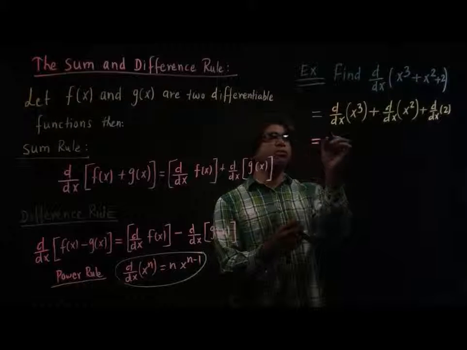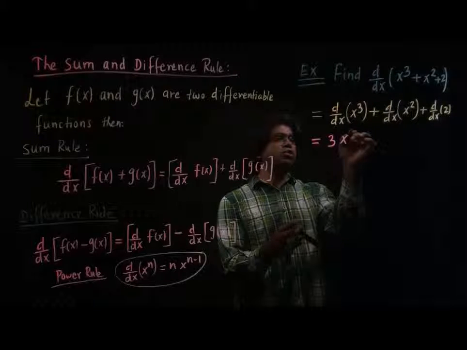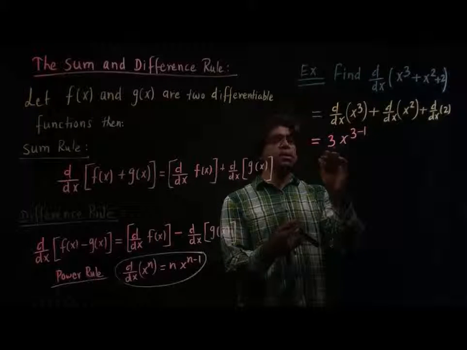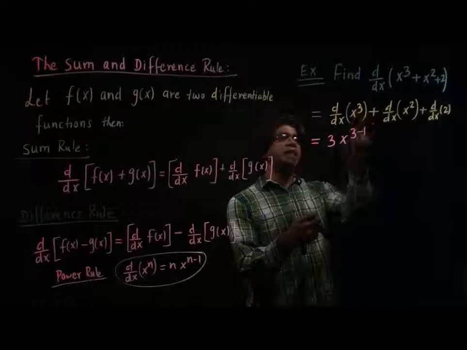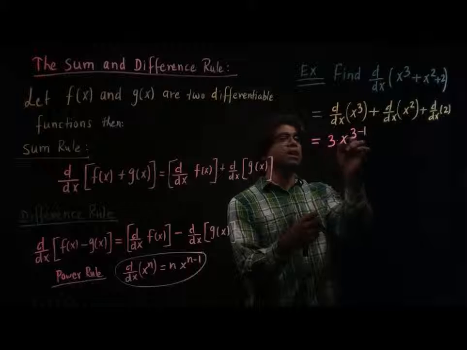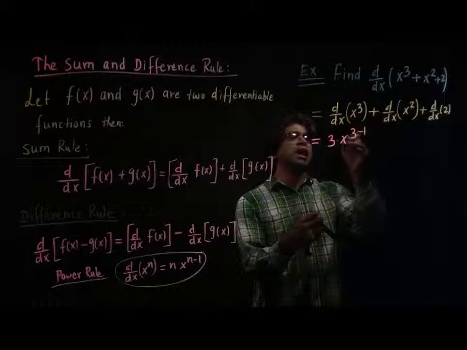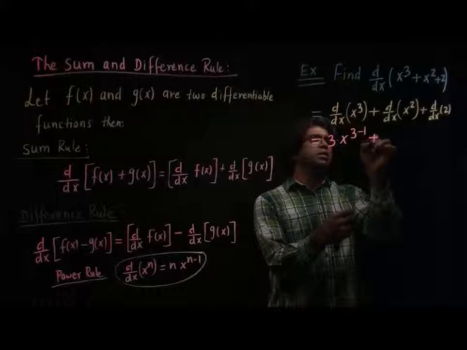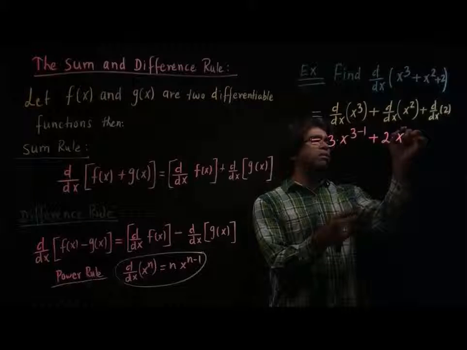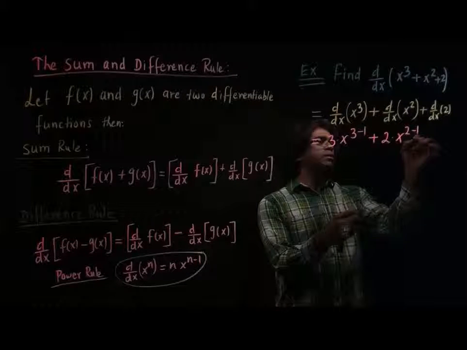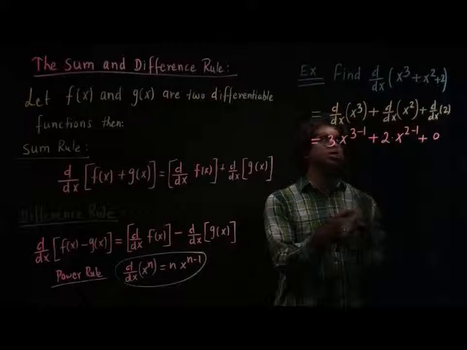My n is 3, so I will write 3 times x to the power 3 minus 1, plus d by dx of x squared is 2 x to the power 2 minus 1, plus d by dx of constant is 0 because 2 is constant.